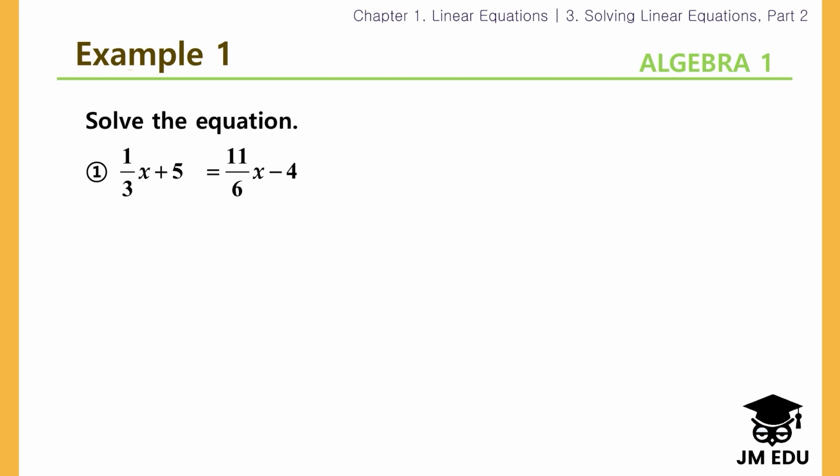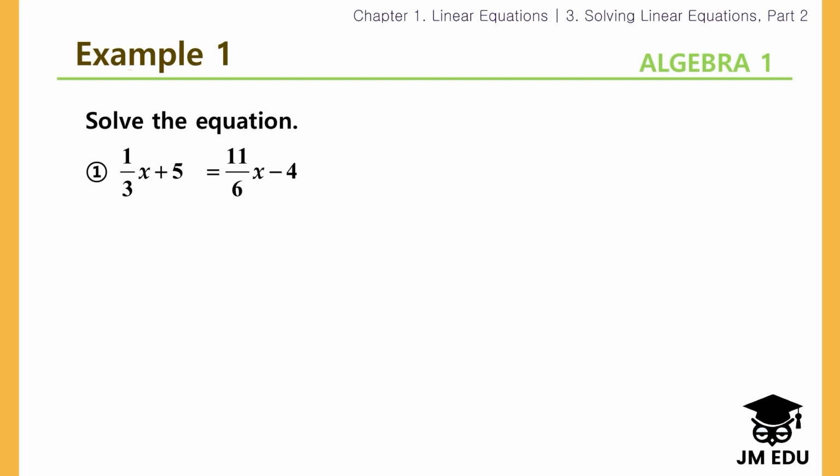Now let's try example 1. The question is to solve the equation. For number 1, we have 1 over 3x plus 5 is equal to 11 over 6x minus 4. Fractional coefficients, right? The fractions here, right? So we're going to have to eliminate these denominators by multiplying each side by the least common multiple.